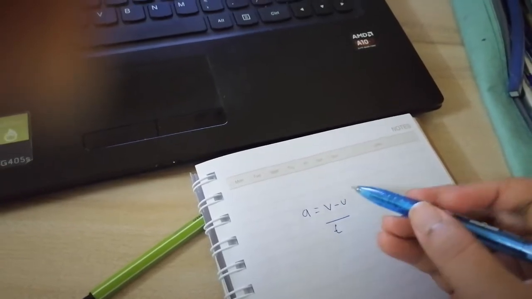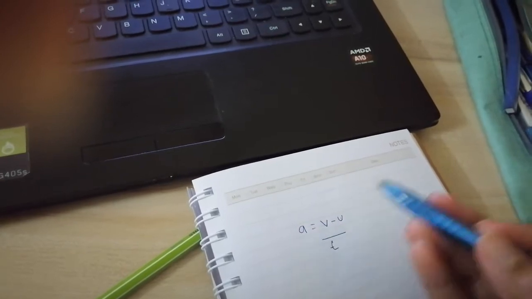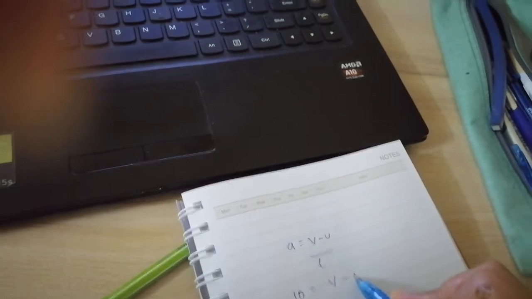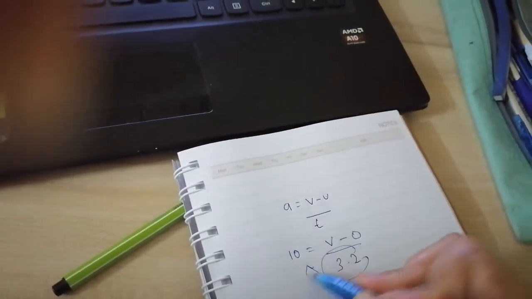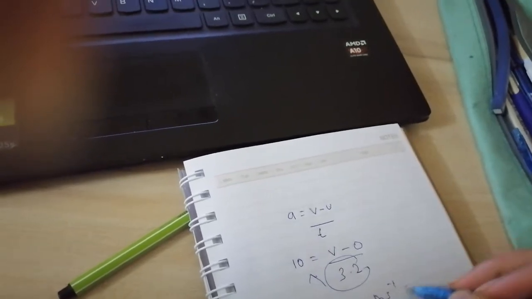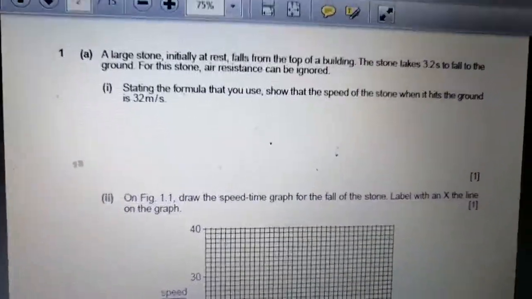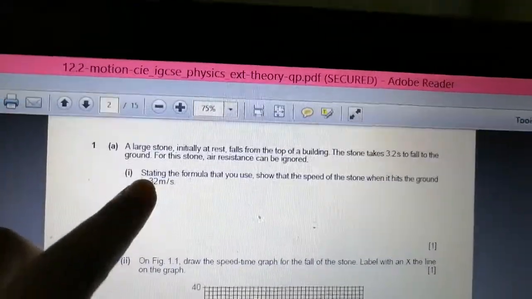Air resistance can be ignored, so this is free fall and a is equal to 10. We want to find v, so v minus 0, and t is 3.2 seconds. So v equals 32 meter per second. Easy, right? So you have shown how to get the speed of 32 meter per second.